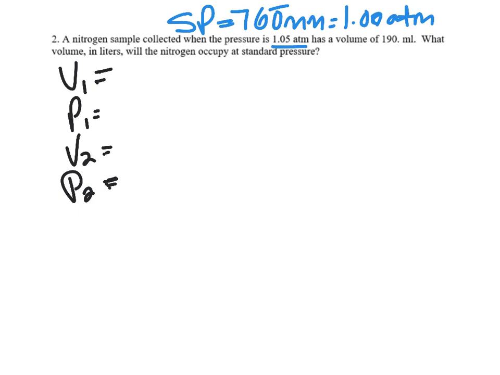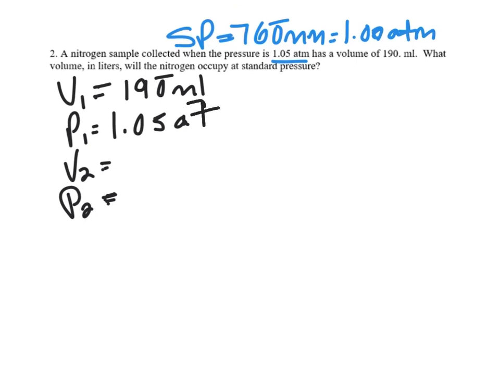So the starting volume here is 190 milliliters. That's how big the balloon is. The pressure from the outside pushing in is 1.05 ATMs. And we're looking for the volume when we get up to standard pressure. And so since we've used ATMs here, we want to use the standard ATM pressure. Okay.